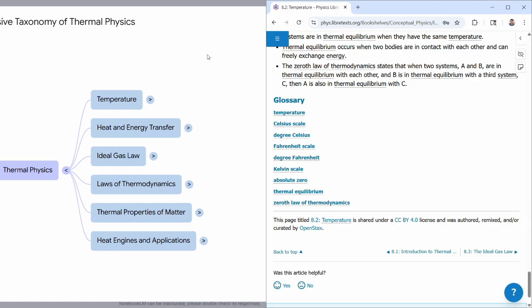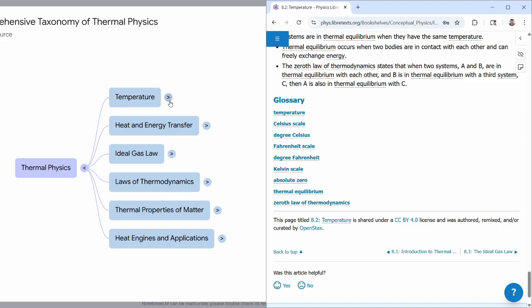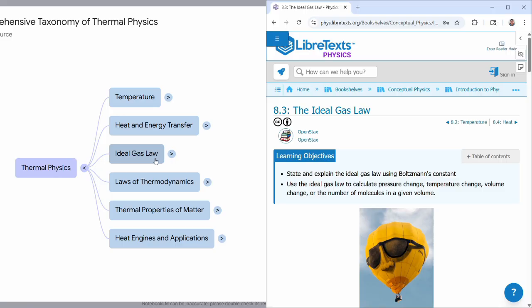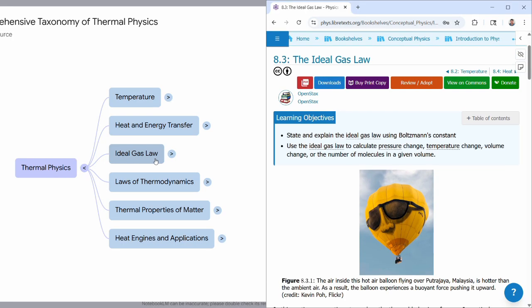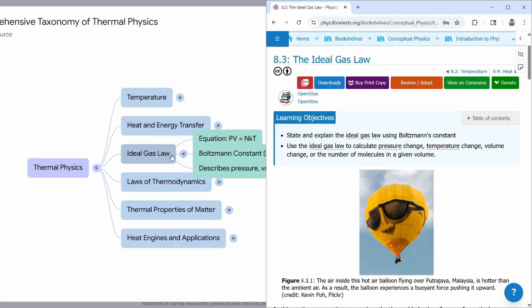Now, this mind map goes a bit out of order. I think the next section, section 8.3, is the ideal gas law. The way we cover the ideal gas law, we are combining really, I think, centuries of work by chemists.